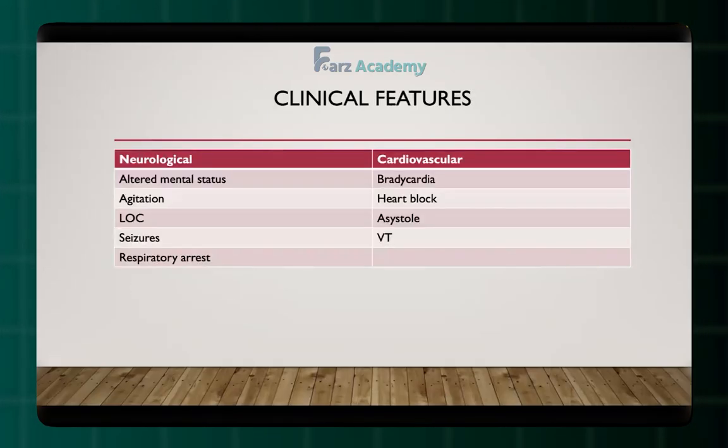The clinical features for this condition are either neurological or cardiovascular. The neurological symptoms include altered mental status, agitation, loss of consciousness, seizures, and respiratory arrest, whereas cardiovascular ones include bradycardia, heart block, asystole, and ventricular tachycardia.